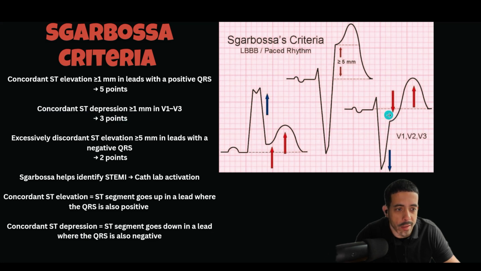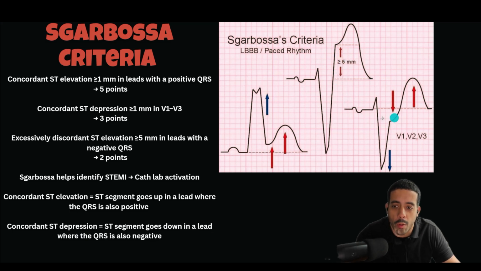So talk about concordant ST depression. Remember the little boxes that we spoke about? 5 of these boxes, the millivolts on the way up, or millimeters, it's 1. So 5 boxes are seen here. And remember, the time is on this axis, and the power, for lack of better terms, is on this axis.